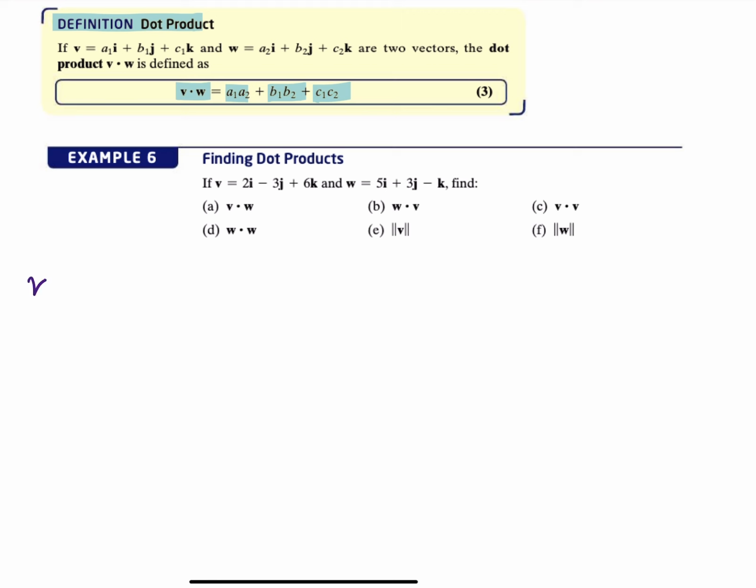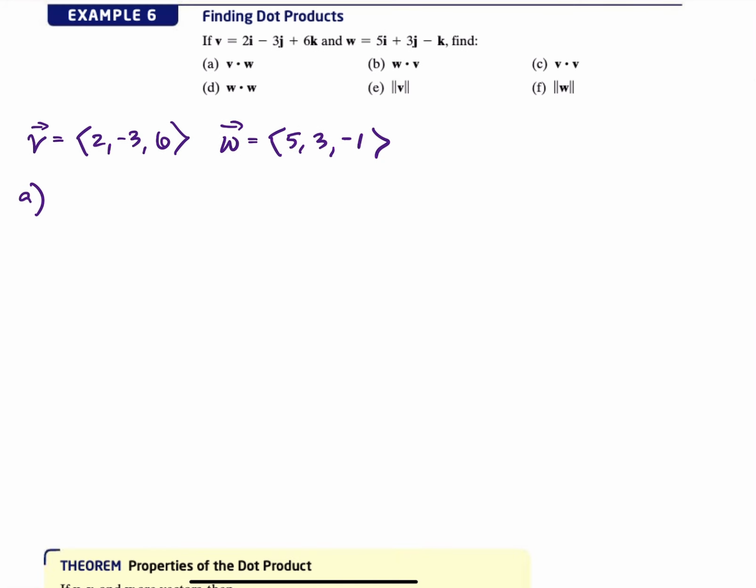So let's find, if v is 2, negative 3, 6, and w is 5, 3, negative 1, let's find v dot w. That should be 2 times 5 plus negative 3 times positive 3 plus 6 times negative 1. So that would be 10 minus 9 minus 6. So that should be negative 5.